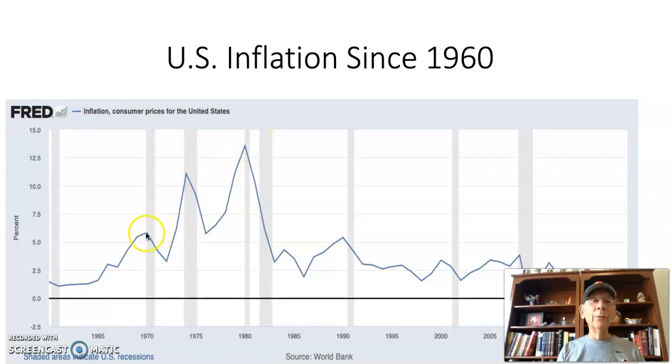Spending in the war in Vietnam caused inflation right around here. But since that time, despite a little tick upwards in the late 1980s, inflation has gone down, and today it's on the order of about 2%. In other words, inflation is really rather mild compared to the past.